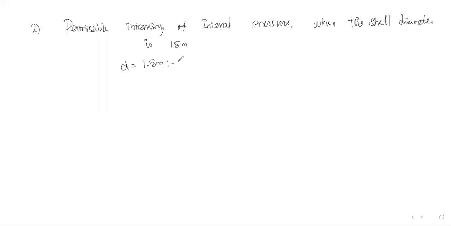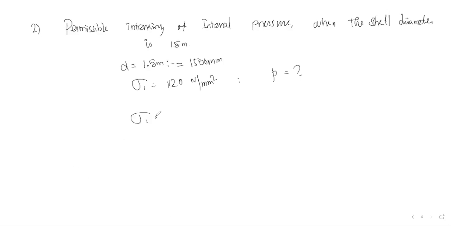Then P we have to calculate. As usual, sigma 1 value is 120 Newton per mm square. If it is like that, then what is the value of P? So that we have to calculate.